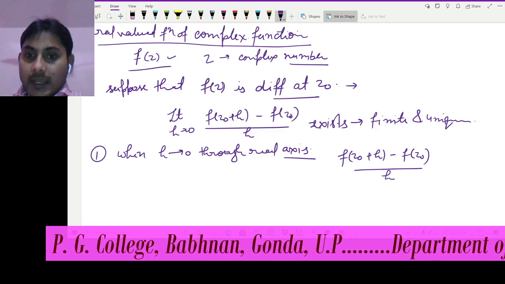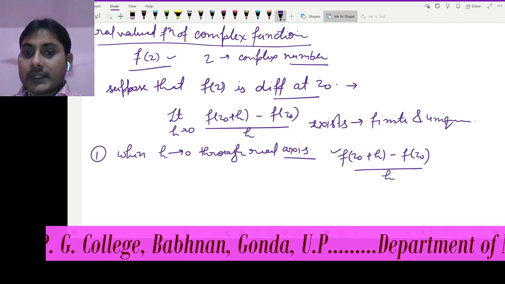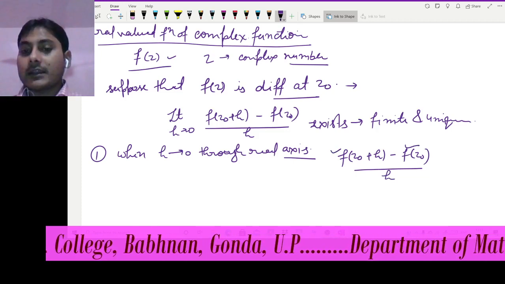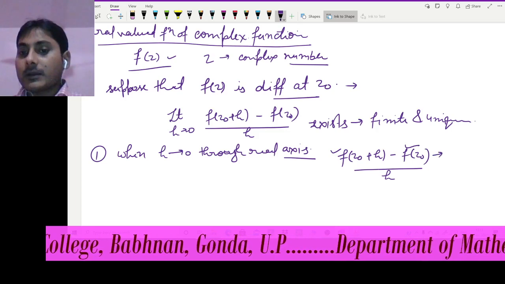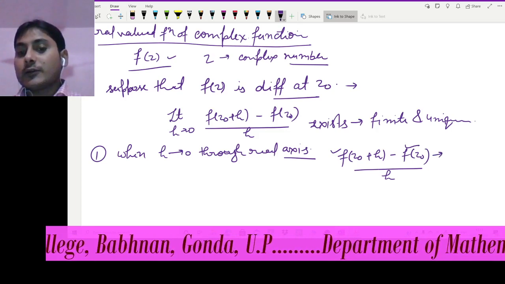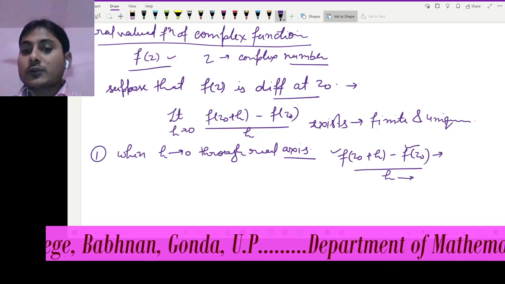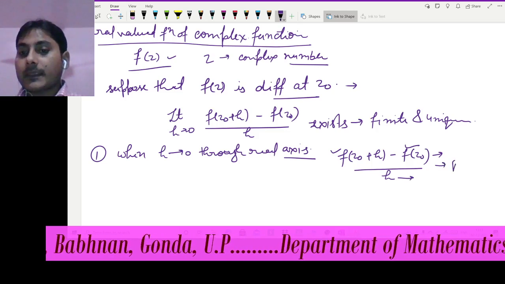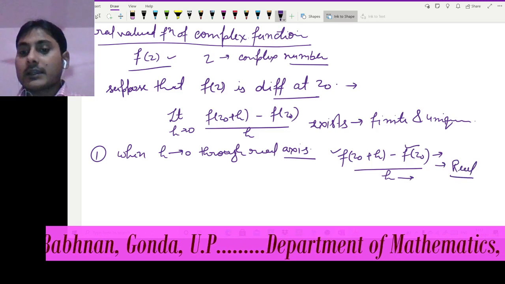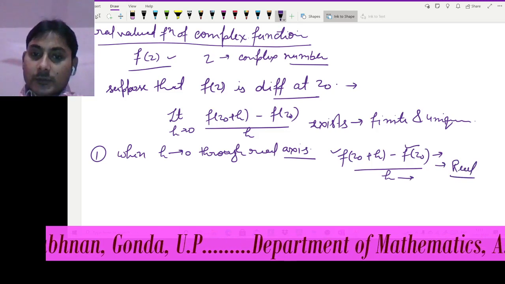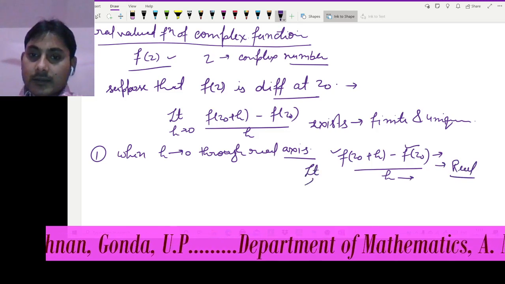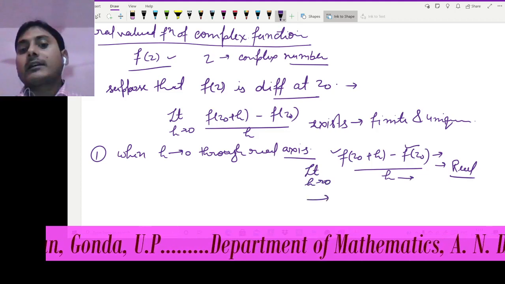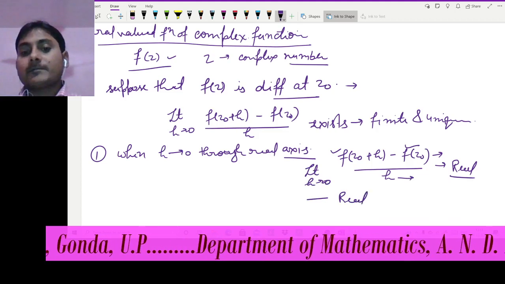Because f is a real valued function, this one is real, so subtraction of two reals is real, your numerator is real, your denominator is real, so ultimately you are getting a real number, and if you take its limit as h tending to 0, you will again get a real number.